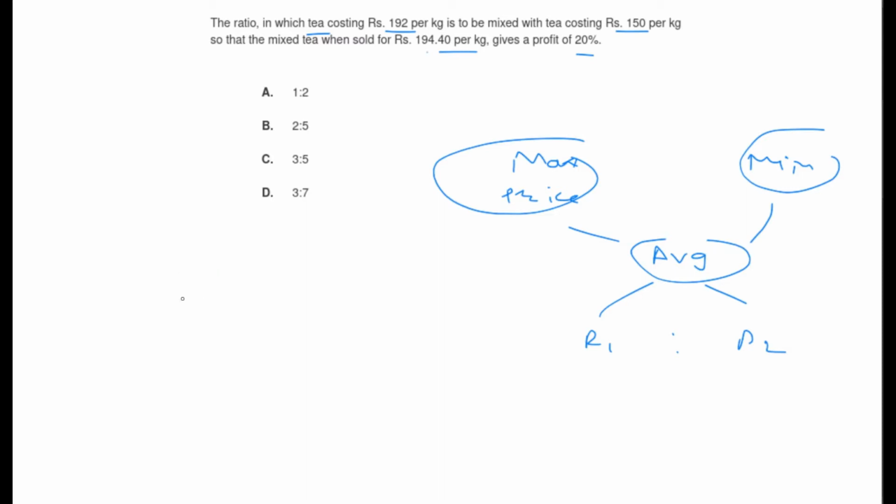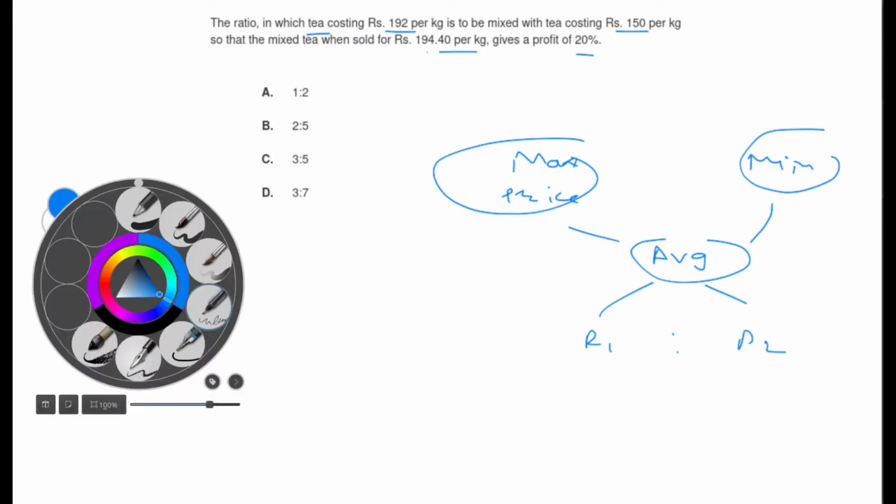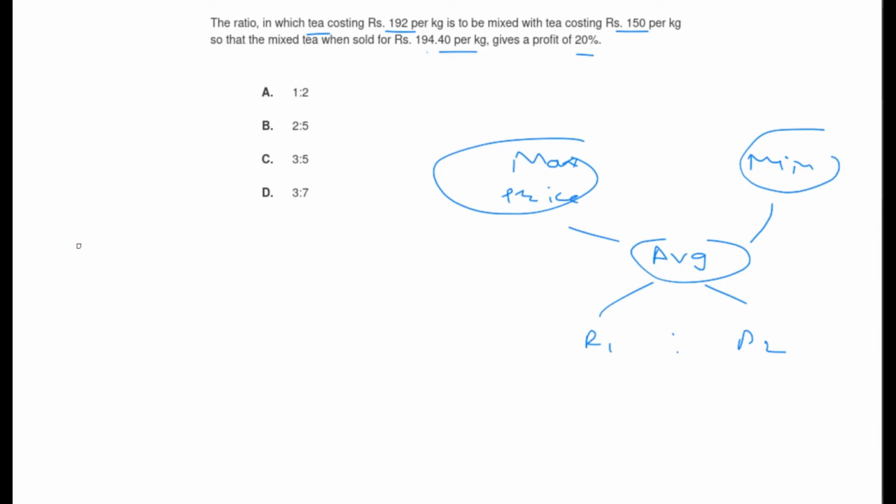So we are given two items. The maximum price is 192 rupees per kg, and the minimum price is 150 rupees per kg.